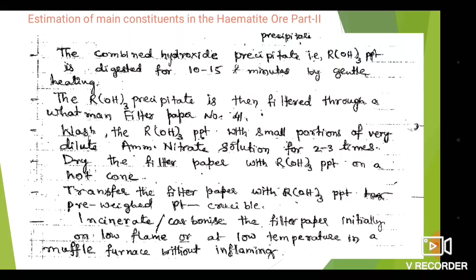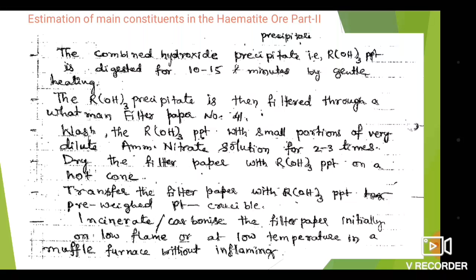The combined hydroxide precipitate R(OH)3 is digested for 10 to 15 minutes by gentle heating. What is digestion? We heat the given precipitate at a constant or elevated temperature to settle the precipitate, so that we get a bigger size of the precipitate.